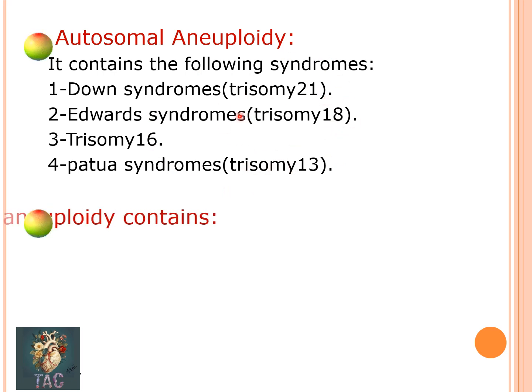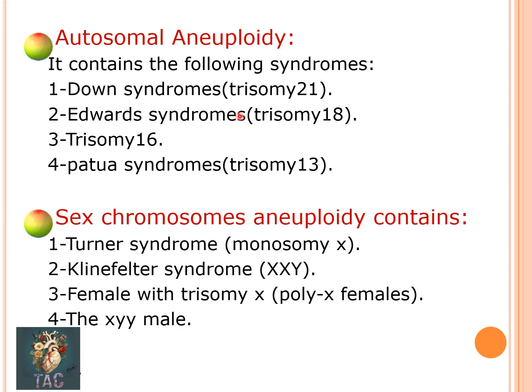Then the sex chromosomal aneuploidies can be monosomies or trisomies. Monosomy X is called Turner syndrome, and monosomy Y is not compatible with life. The only monosomy of a sex chromosome compatible with life is Turner syndrome. Trisomy can be XXY, triple X, or XYY males.